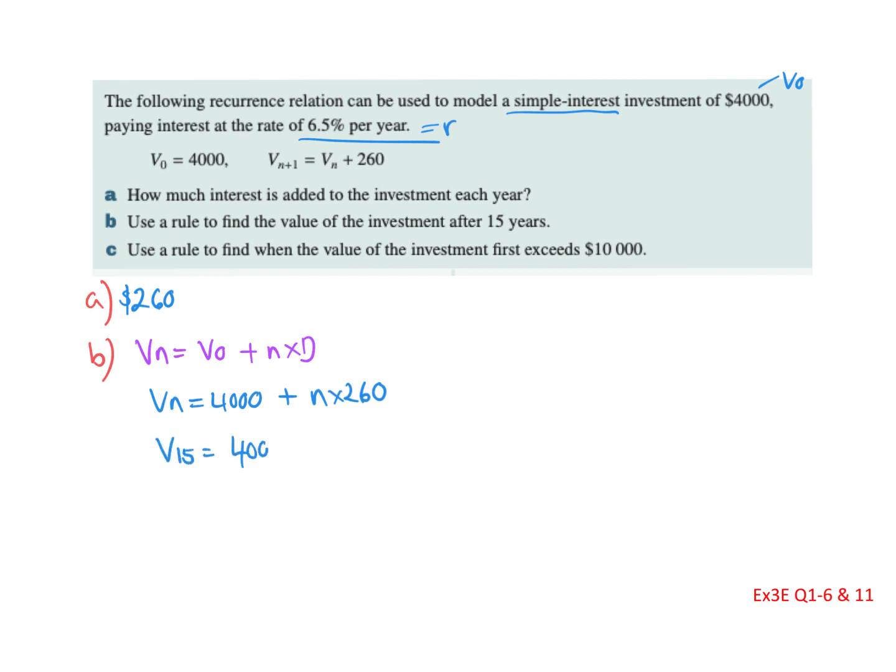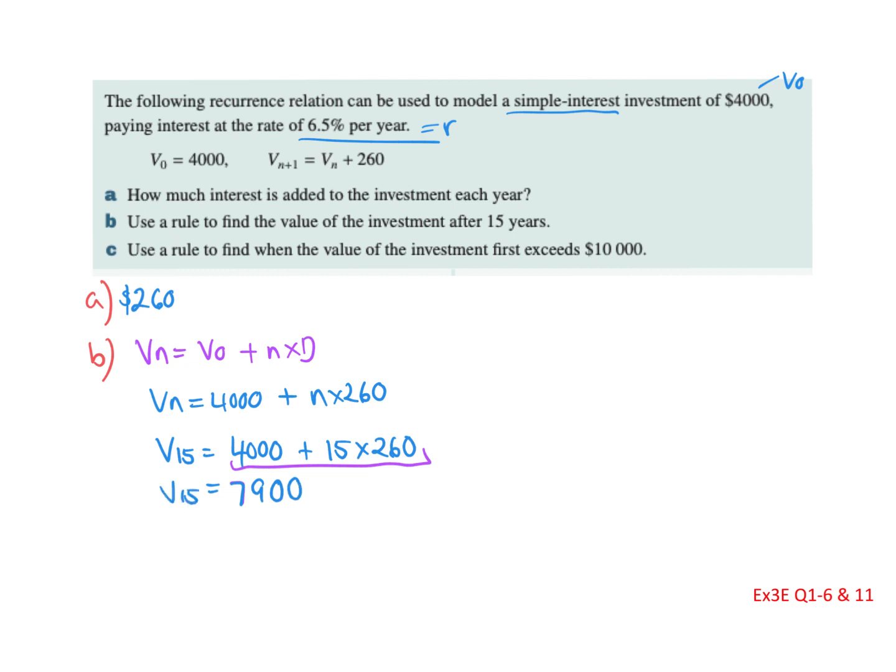So it'll be 4,000 plus 15 times 260. In your calculator, you just have to type that little equation there. 4,000 plus 260 times 15, we get 7,900. That's what V15 is.